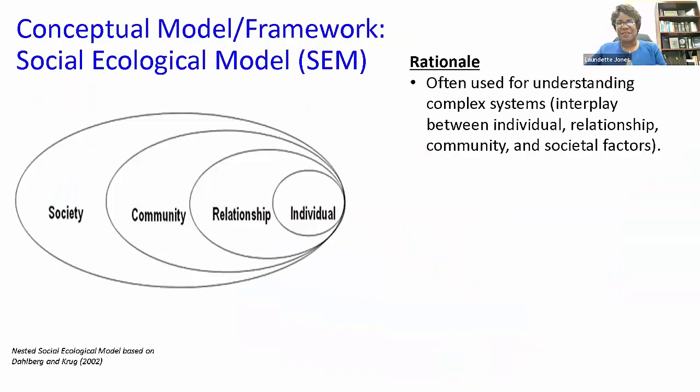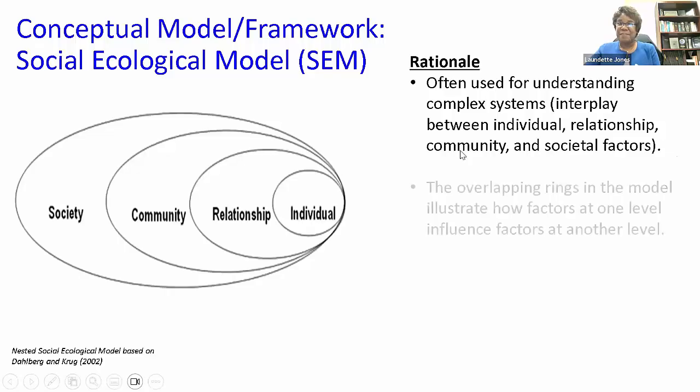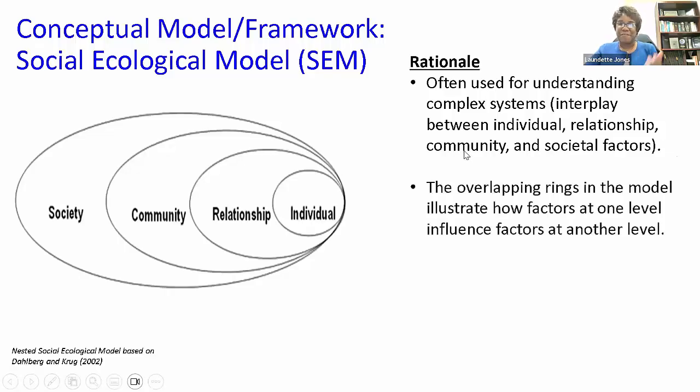So this one last I'll share with you was really what I just explained about how oftentimes in our health models, we think of the individual, but there are these overlapping rings in the model that illustrate how one influences the other.